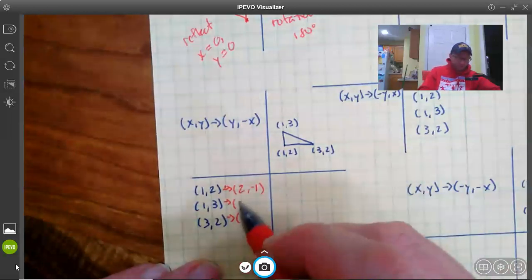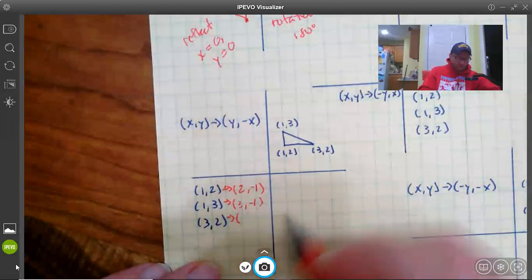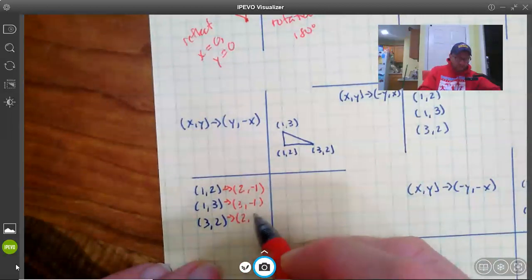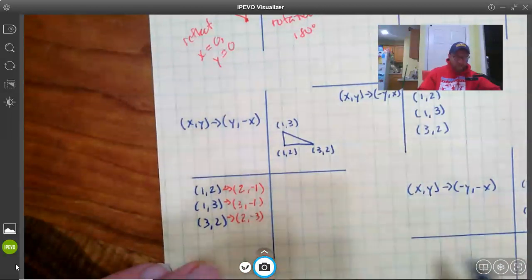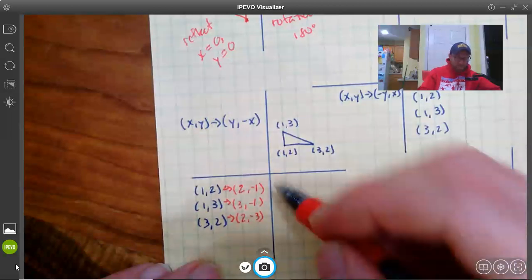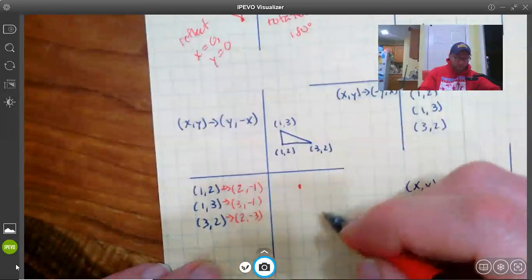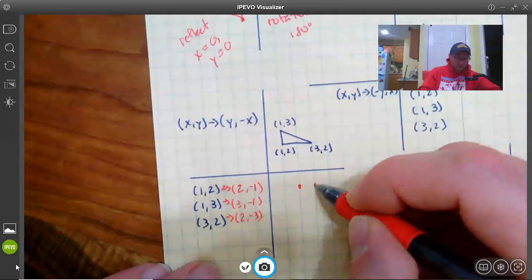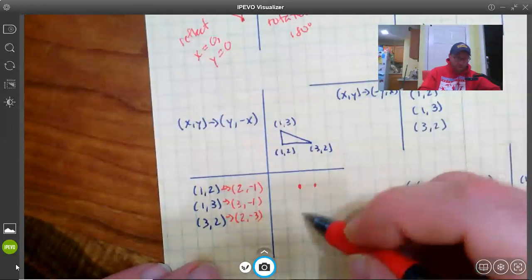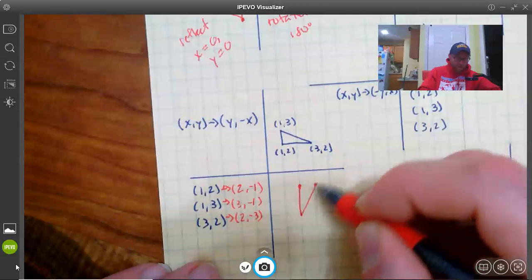And here it's going to flip and it's going to be 3, 1, but the 1 is going to be negative. Here we're flipping, it's going to be 2, 3, but the 3 is negative. So let's say that gives us 2, negative 1, 3, negative 1, and 2, negative 3.